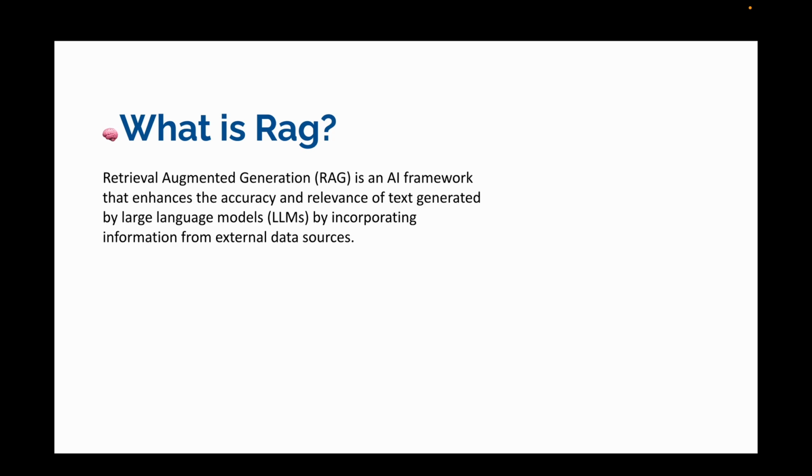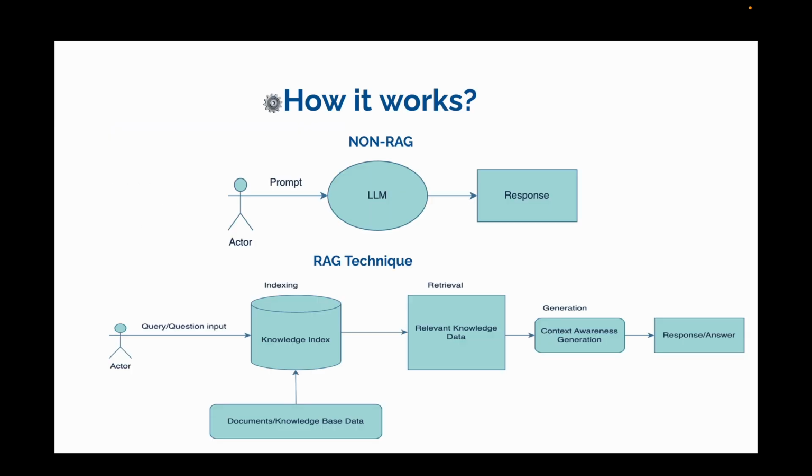Like we mentioned before, with the traditional LLM, that is the non-RAG technique, you basically pass your prompt into the LLM and it generates a response. With the RAG technique, when you pass a query, it does a search into the knowledge base that you've already provided and retrieves.